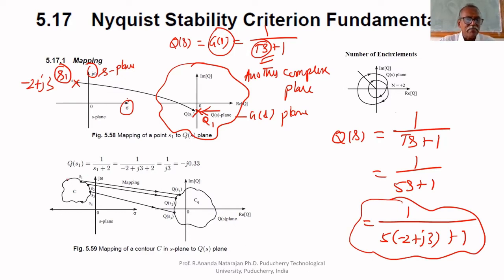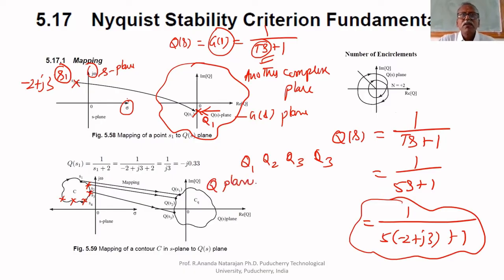Like that, I can take many points: S1, S2, S3, S4, S5, S6. Like that, I am taking many points and substituting in Q of S. I will get Q1, Q2, Q3, Q4 like that. I plotted in another plane called the Q plane. Why is it called the Q plane? Because the S plane point is substituted in the function Q and I got complex numbers. That's why this plane is called Q plane.